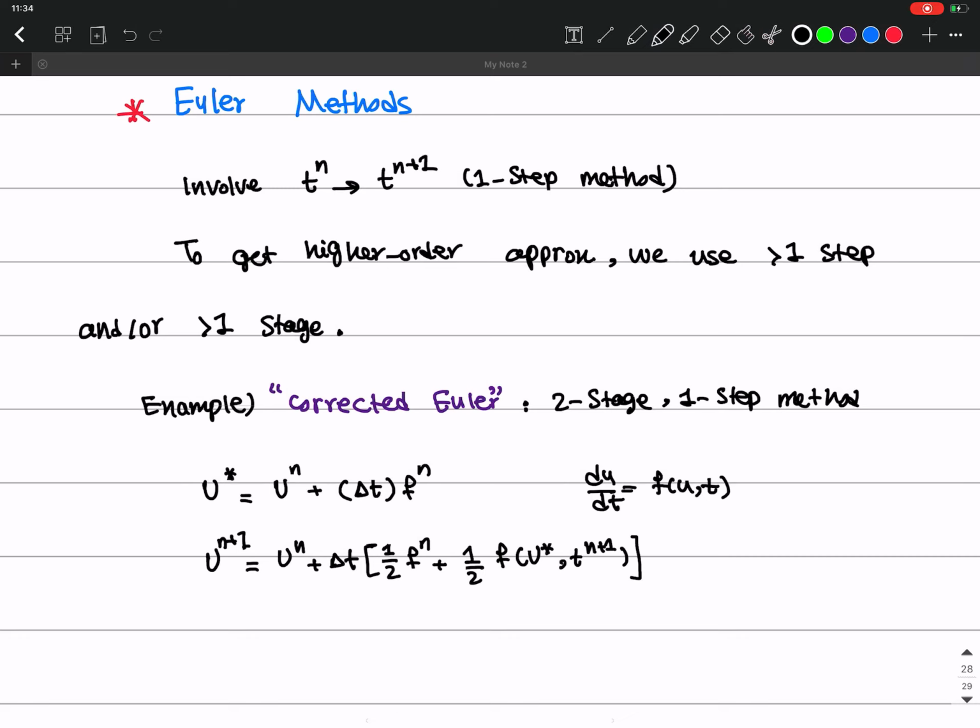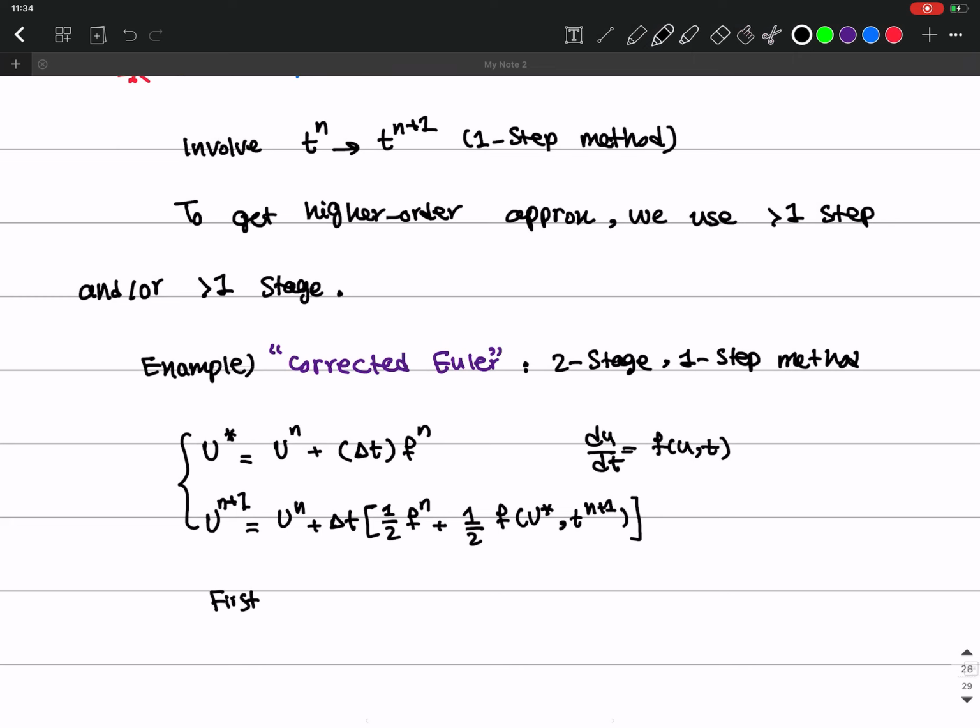As you see here, we now have this 1/2 of fn, and then we add that to f of u star from here. So we use u star here. This is the corrected Euler.